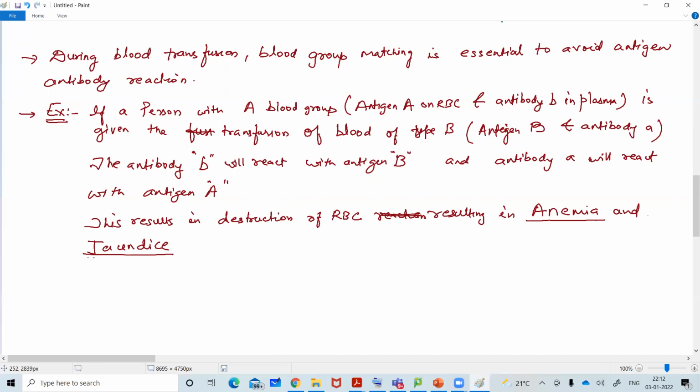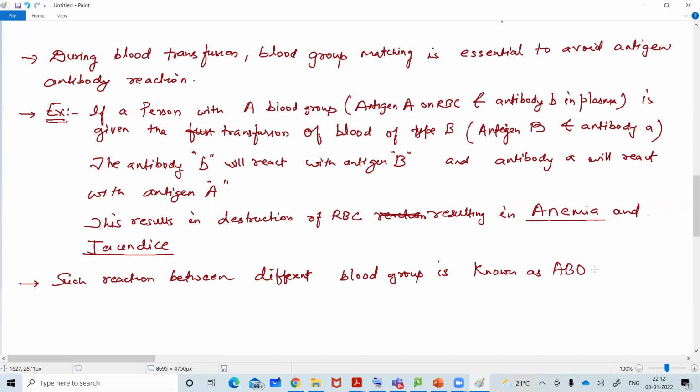So you can write one more point saying that such a reaction between different blood groups is known as ABO incompatibility.